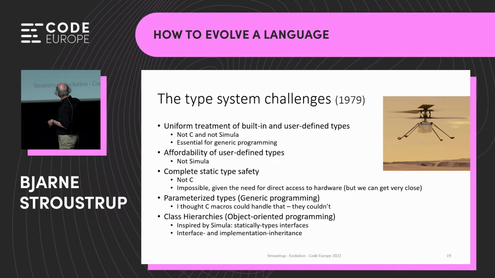Type safety gets improvement. Parameterized types I wanted for generic programming. It started out with macros. I thought I could get away with doing it with macros. I couldn't. It didn't scale. I wanted class hierarchies from Simula, and got them.